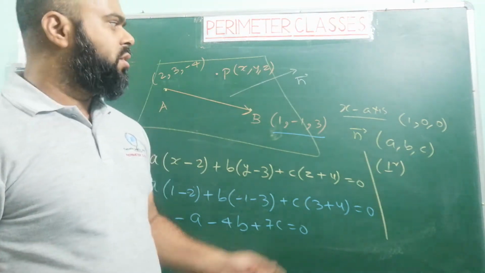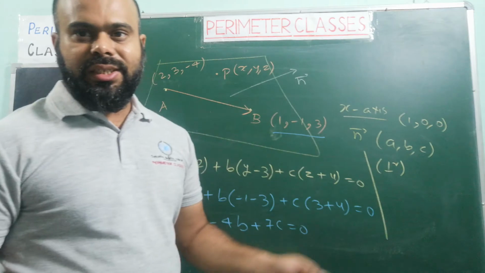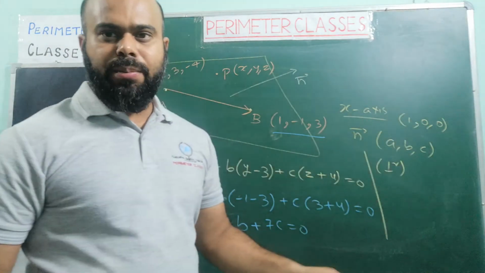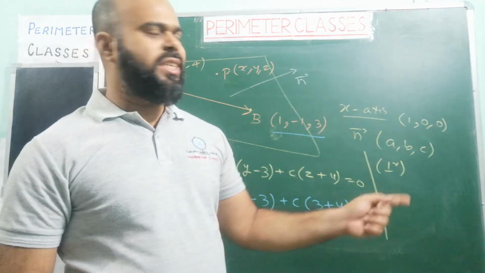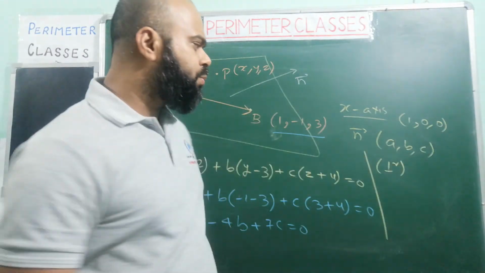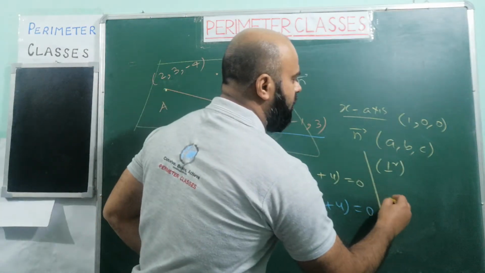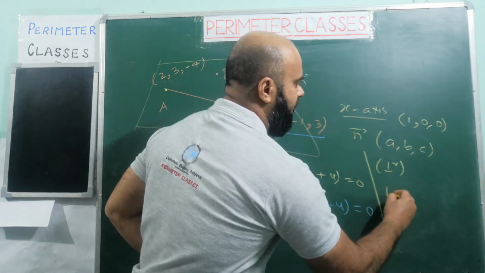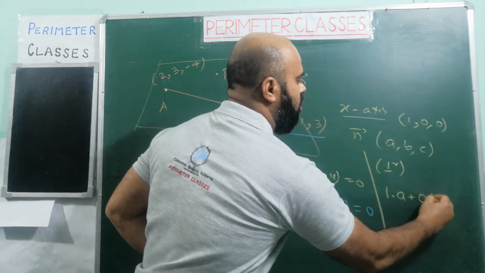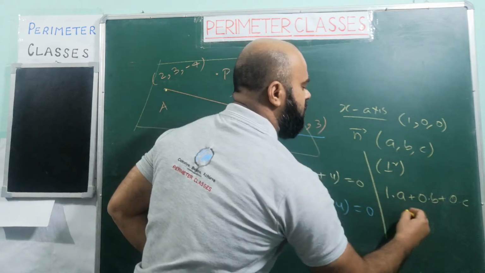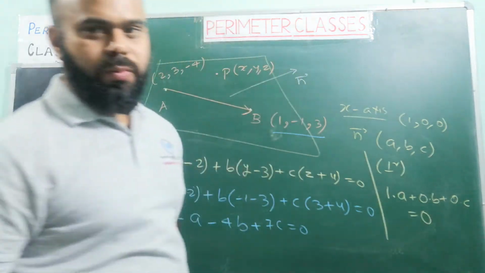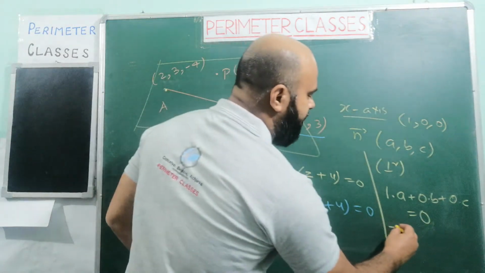The vector along the x-axis is this; j cap and k cap will not be present as these are zeros. So we take the dot product and we get 1 dot A, 0 dot B, 0 dot C is equal to 0 because they are perpendicular, cos 90 is 0.